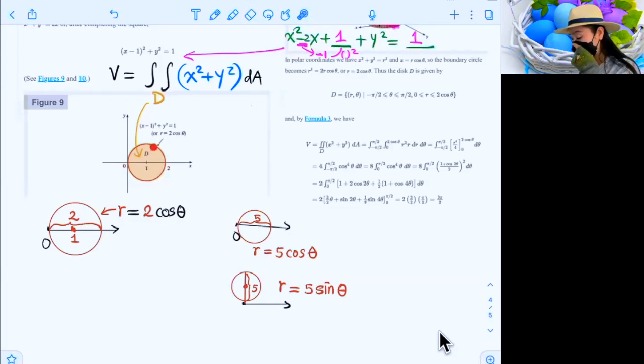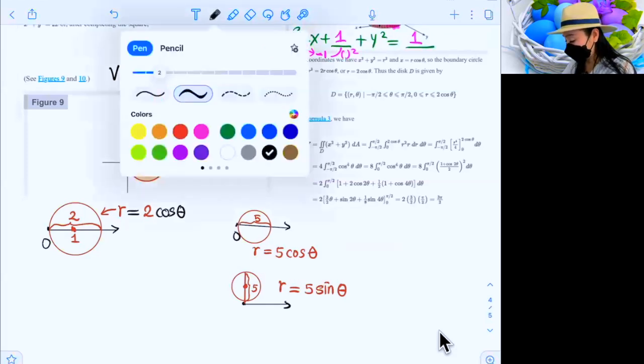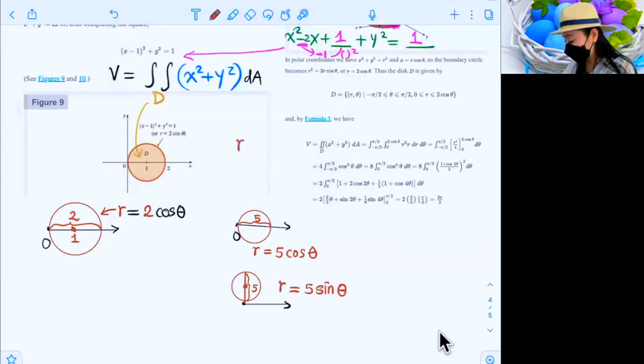Now we're trying to express this region. Let's try to think about r here, change from what to what, and theta change from what to what. It might be helpful to try to draw some segment like this, right?